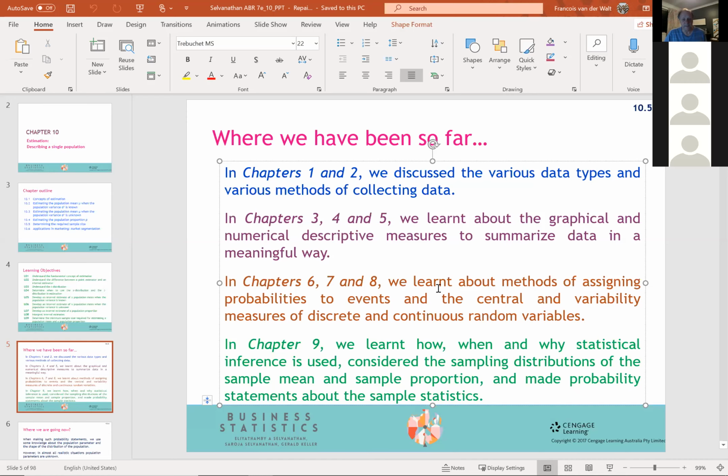Then in chapters 6, 7, and 8, we learned probability, variability, and distributions. Remember that? And in chapter 9, we introduced this: from now on, we're going to draw a sample, do some calculations, and give an estimation for the whole population. That's the name of the game.